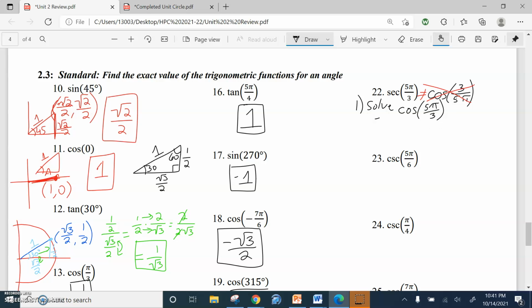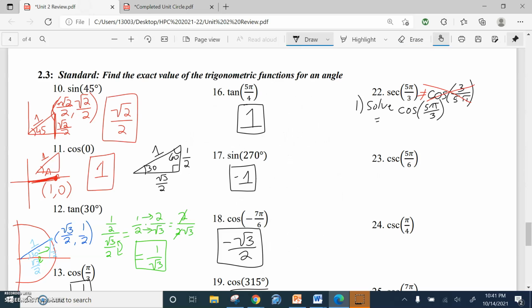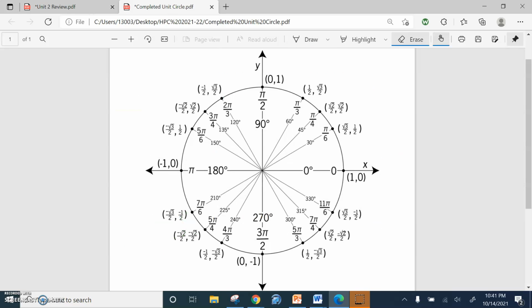Okay, so let's do that. Solving cosine of 5 pi over 3. Cosine of 5 pi over 3 puts us, well, there it is. Let me erase that. Puts us in the fourth quadrant, and we're solving for cosine. Let me make sure I'm doing this right. Yep, we're solving for cosine of 5 pi over 3.